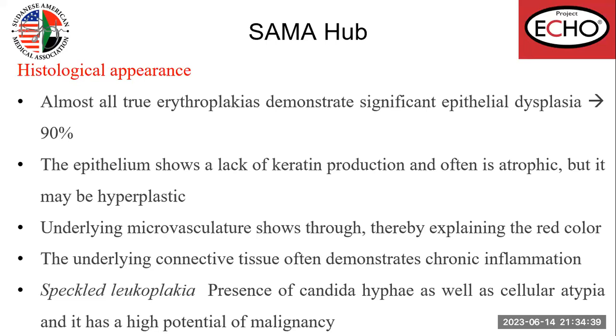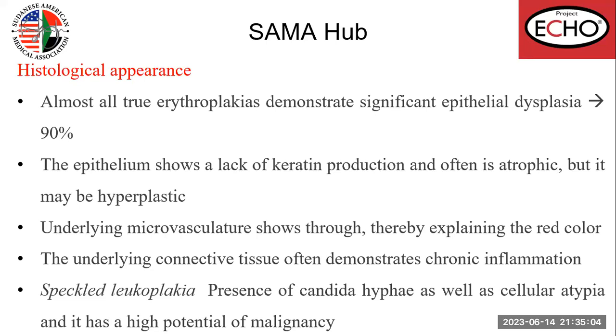And this reflects the red color very obviously. Sometimes, however, the epithelium can be hyperplastic, but this is not the case in all erythroplakias. Underlying microvasculature shows through, because we don't have any keratin to block that, thereby explaining the red color.